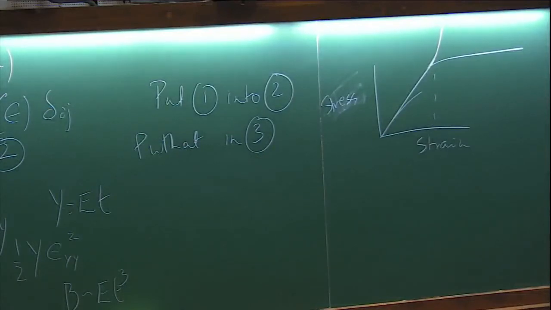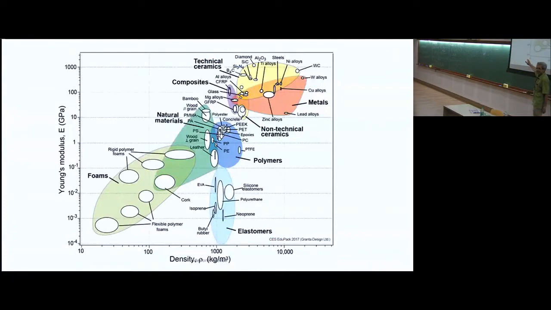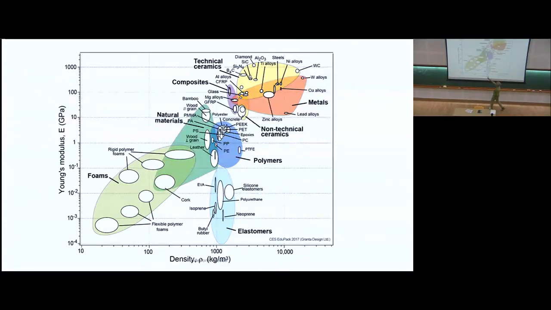Not bad. You're off by only one order of magnitude, and it's such a huge number, it's okay. So here's some materials, okay? So these are things with holes in them, okay? These are things with lots of gaps in them. These are things with, this is water density and above.